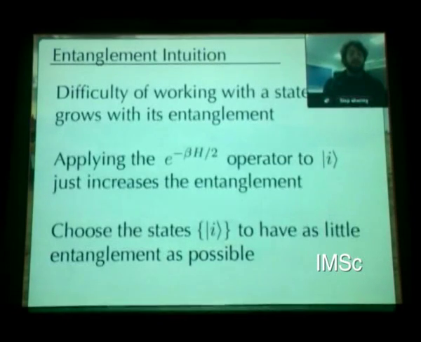The more entanglement, the more states you have to keep, and the larger matrices you have to work with. So we want to have the least entanglement that we can get away with. If the state already has some entanglement, applying e to the minus beta H over 2 only increases the entanglement in general. So we want to choose these states i to have as little entanglement as possible, so that when the entanglement does increase, it will increase to some low value.